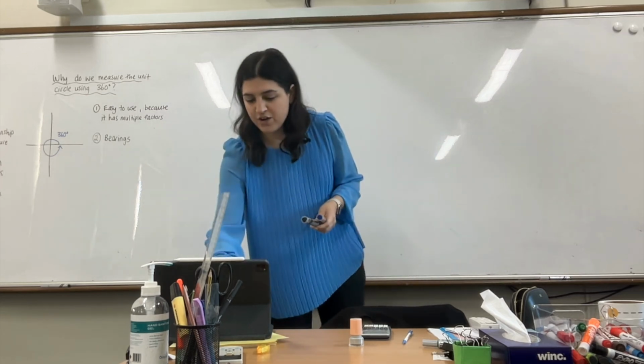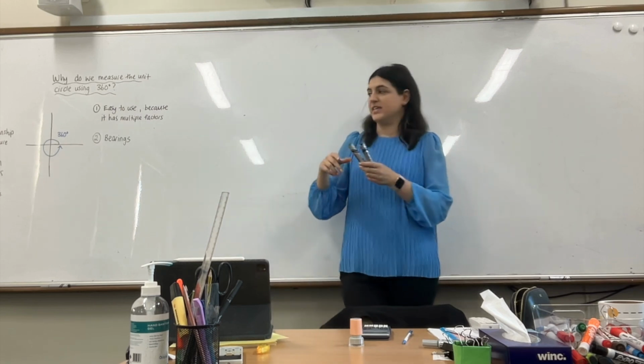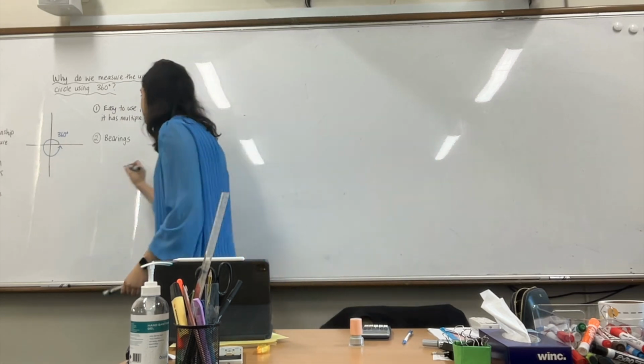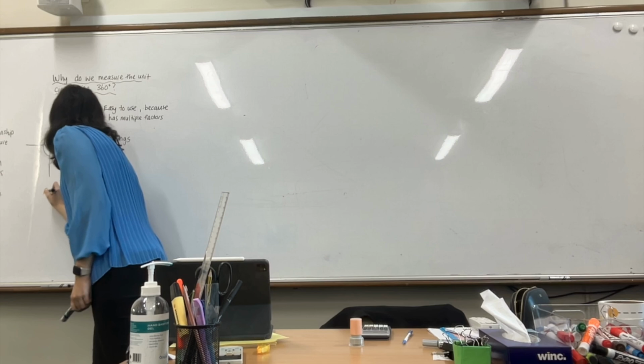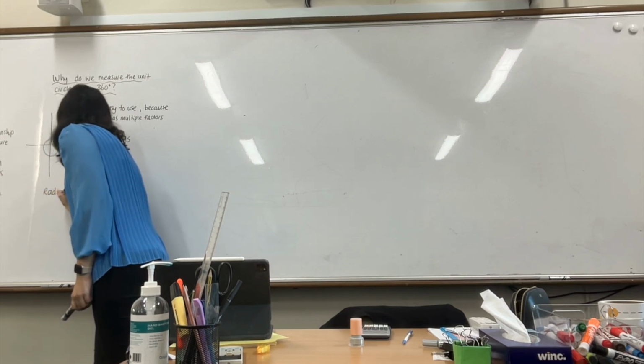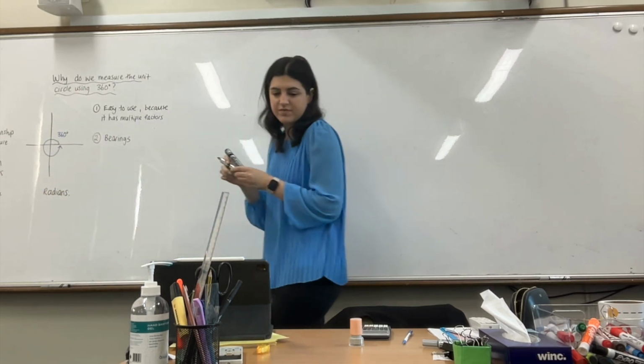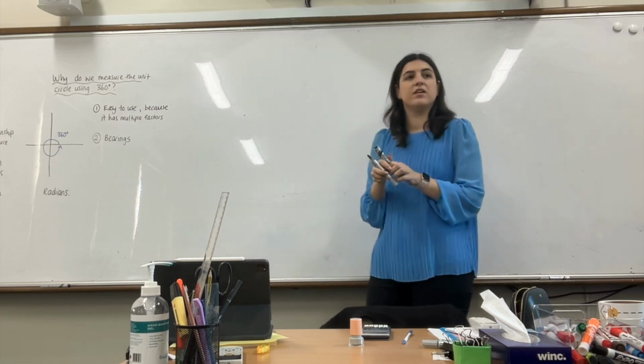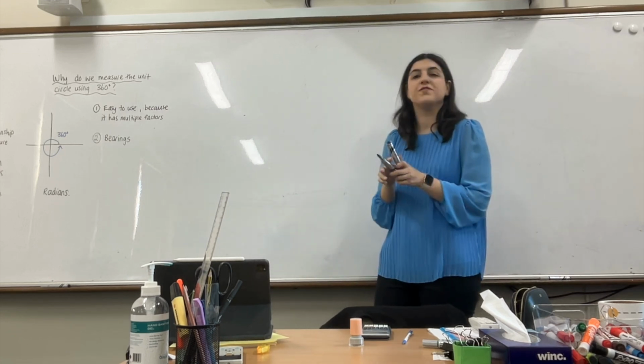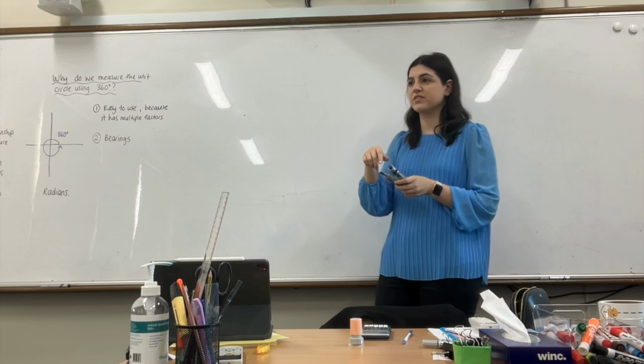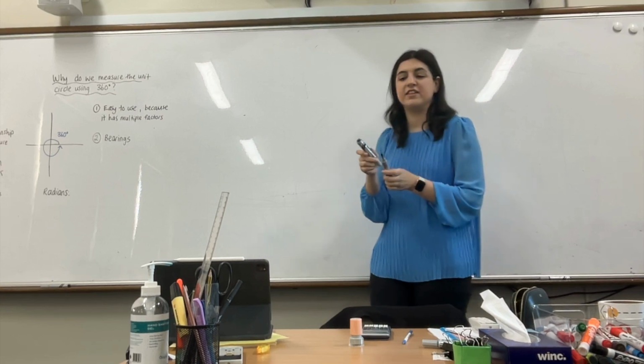So the reason where radians comes in, and that's going to be your next heading down here, is that radians is very specific. They are angles defined by the unit circle.